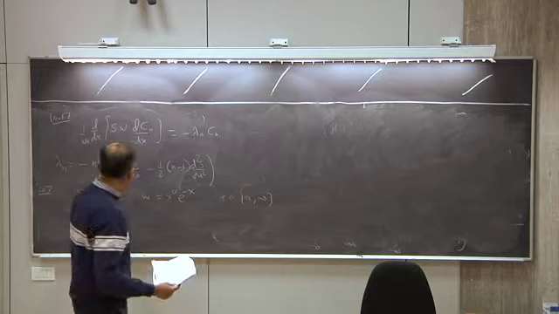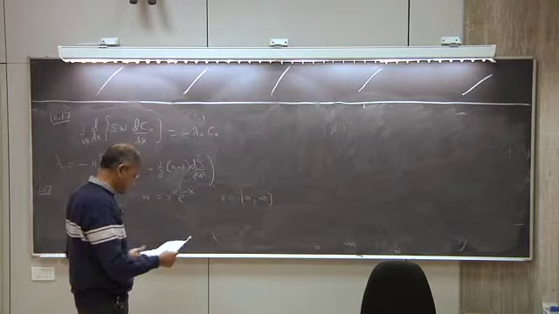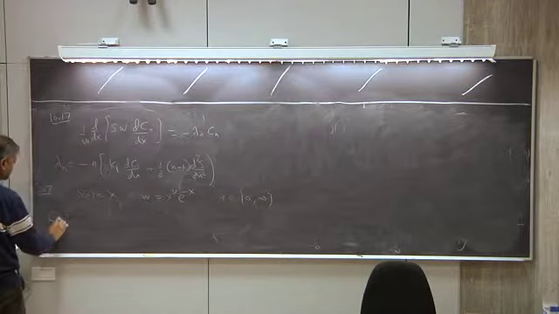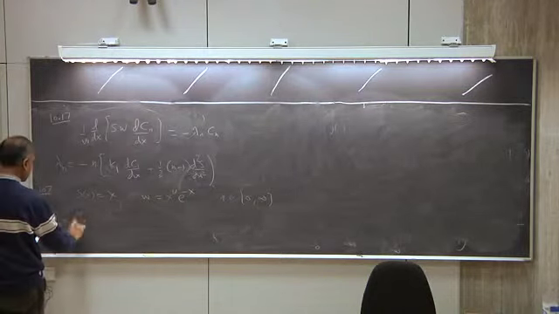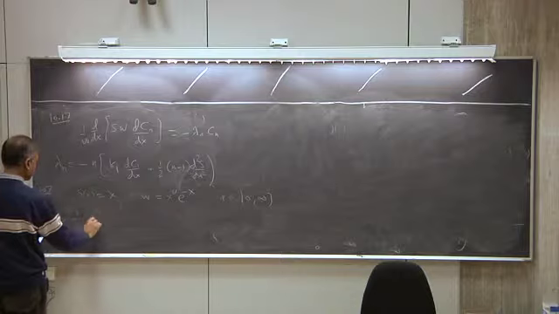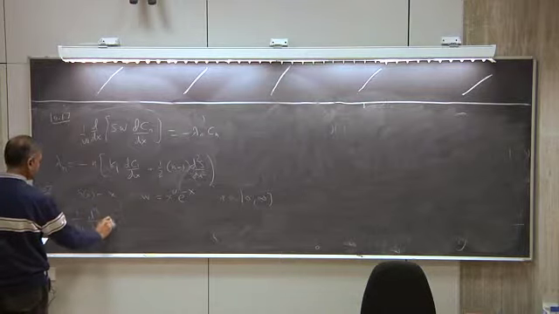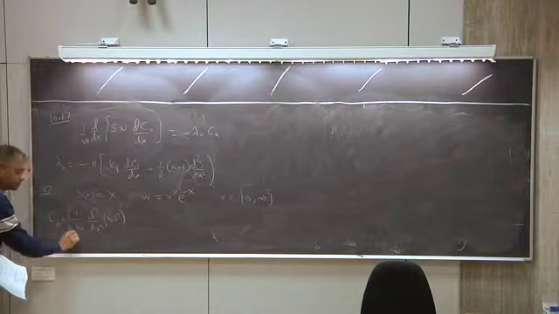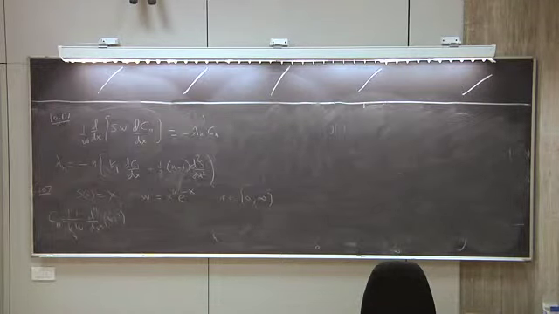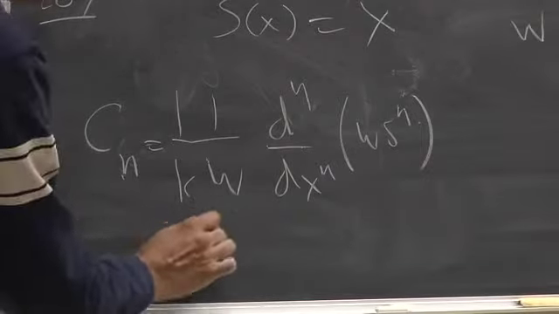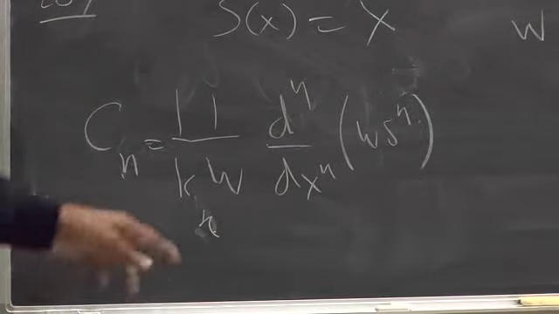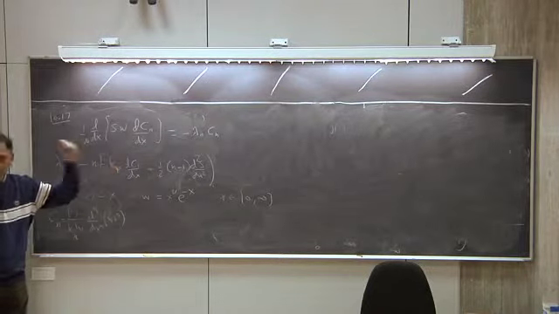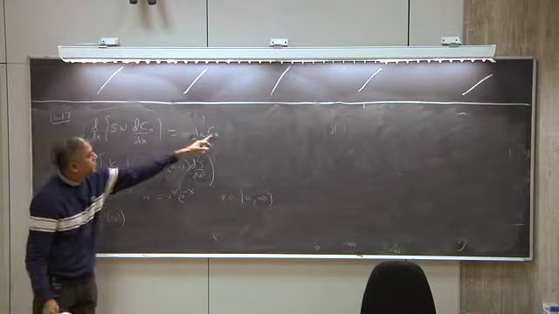It doesn't matter what this capital K is. If I define C1, Cn in general was 1 over w, d^n by dx^n of w s^n, with some normalization constant Kn. As I mentioned before, this freedom should not enter here, because after all both sides involve Cn only.